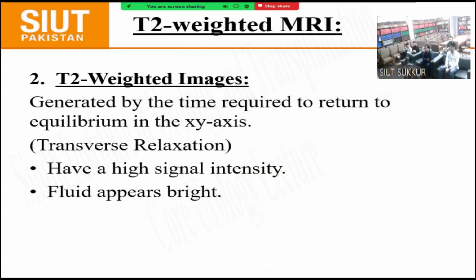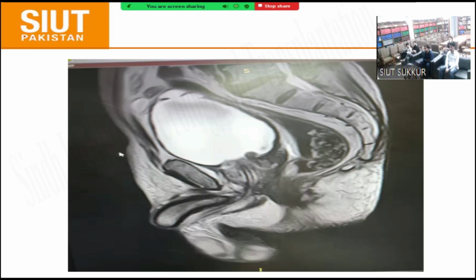Now we are moving towards the T2 weighted MRI images, which are generated by the time required to return to equilibrium in the XY axis, or transverse relaxation, and have a high signal intensity, and fluid appears brighter. This is a T2 weighted image.